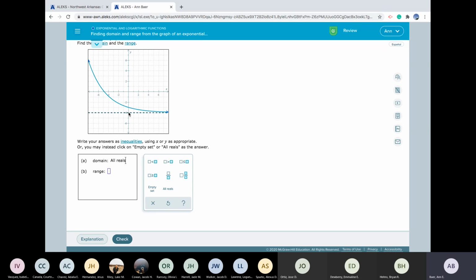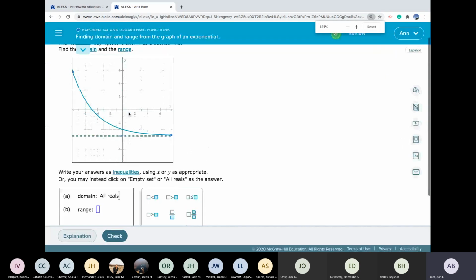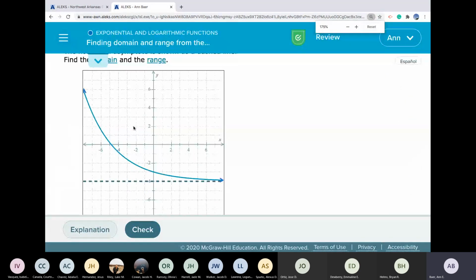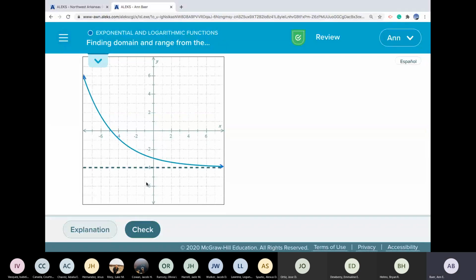You might not be able to read the graph. Let me see if I can get this up a little bigger so you can read the graph. So we're coming up here from negative infinity, wanting to trace every point on our graph back to the y-axis. And we don't see anything down here. There's no part of our graph here, so we can ignore that.